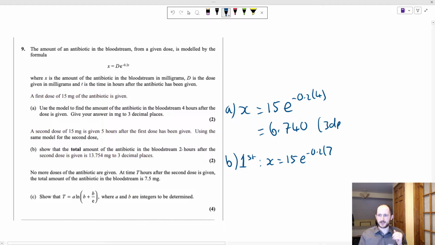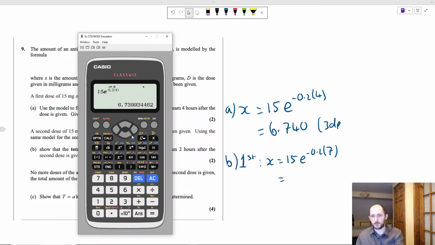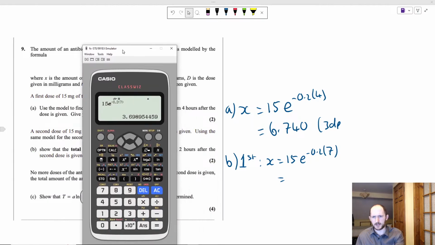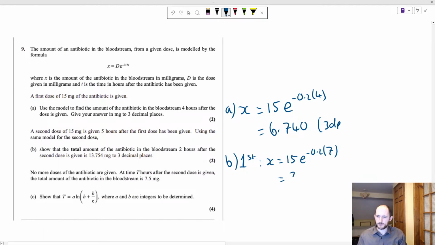So, put in the 7, equals, once again, let's just put this in, 7, boom. It says to 3 decimal places, so 3.699. And then the second dose, well, that's only 2 hours after the second dose, so we're going to sub in 15 e to the minus 0.2 times 2.